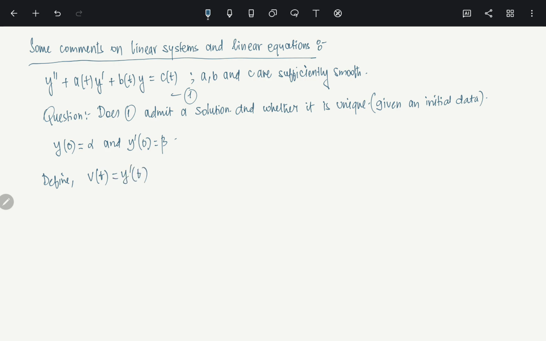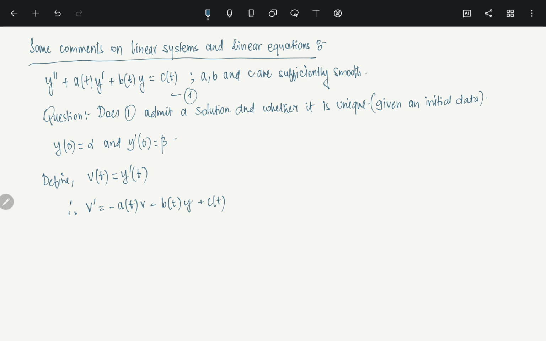Then if y prime is v, y double prime is v prime. Therefore, from the equation, v prime is nothing but minus a t times v minus b t times y plus c t.